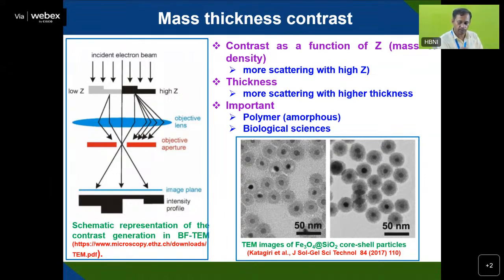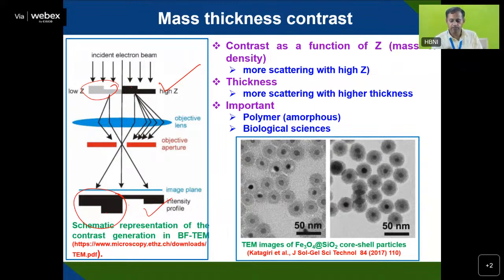The incident beam comes here, and this side is a low Z and this is a high Z. At low Z the transmission is faster and the intensity is high, but at high Z most of the beam is blocked, so you see the opposite image here and get contrast accordingly, with a lower intensity profile.